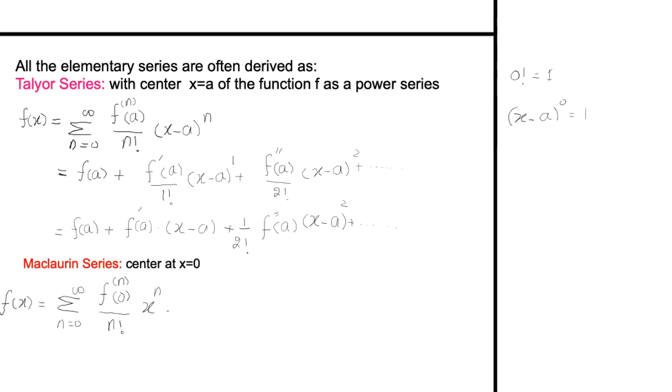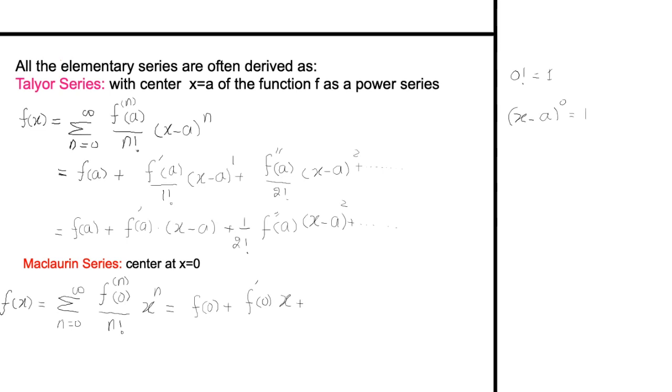Now again we can expand this term. For n equal to 0, we will get the function itself at x equal to 0, plus the first derivative of the function at x equal to 0, and 1 factorial will be 1, that is into x.